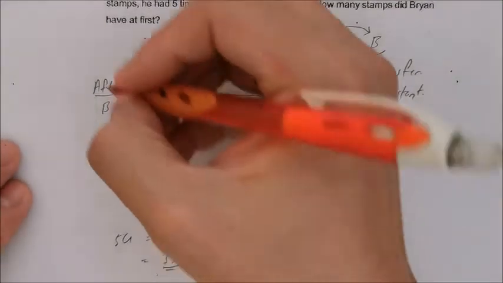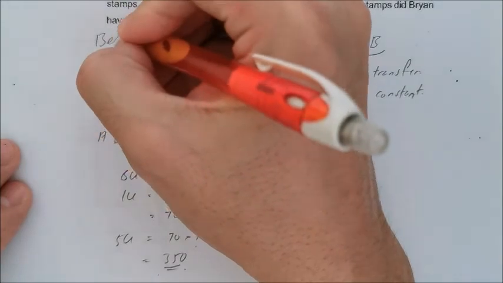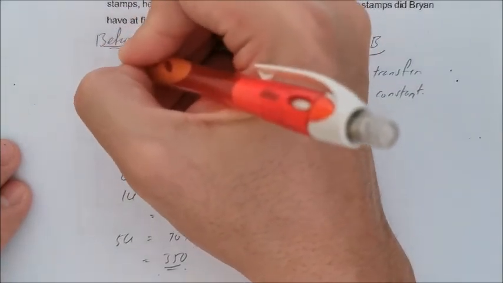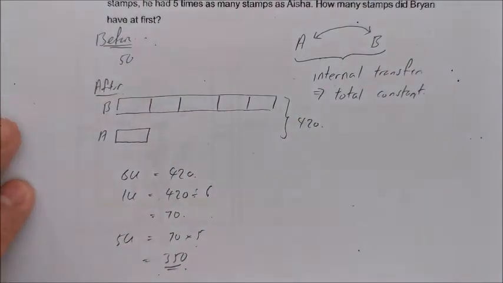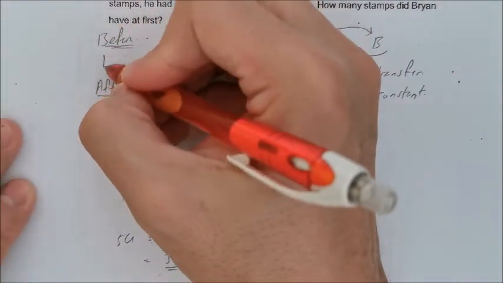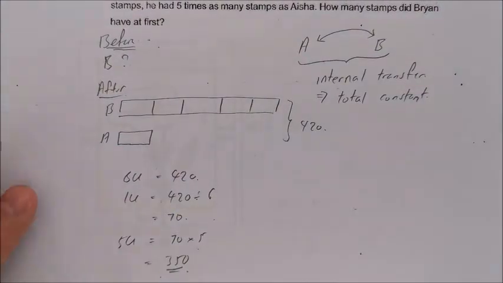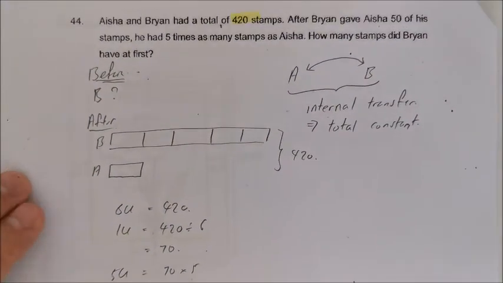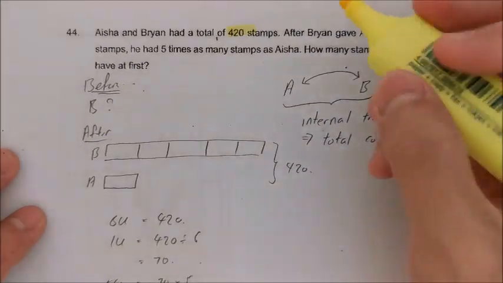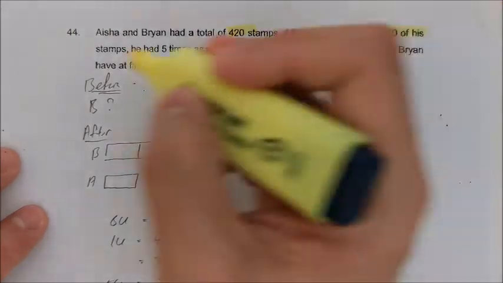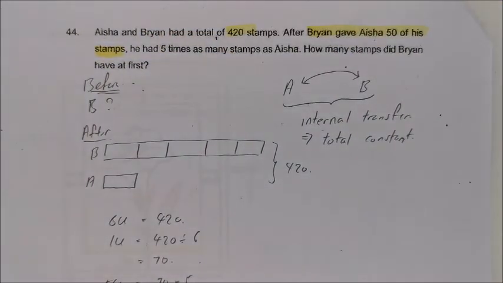So how many stamps did Brian have before? Look at the question now: what happened to Brian's stamps? Brian gave Aisha 50 of his stamps. So at the end, Brian had 350.